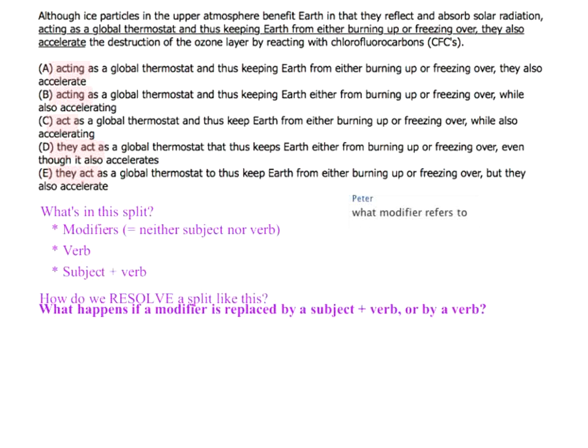Yes, you should think about this too, but this isn't what resolves a split between modifiers and other stuff. Yeah, because we're trying to figure out whether you want a modifier in the first place or whether you don't.